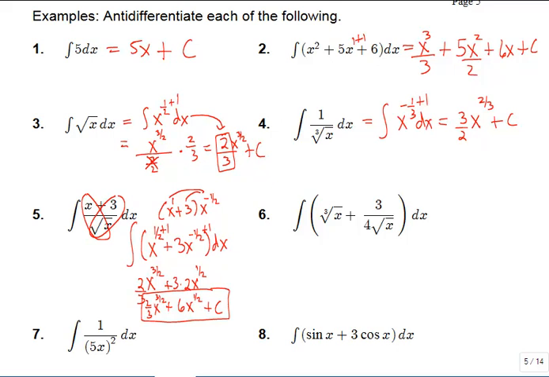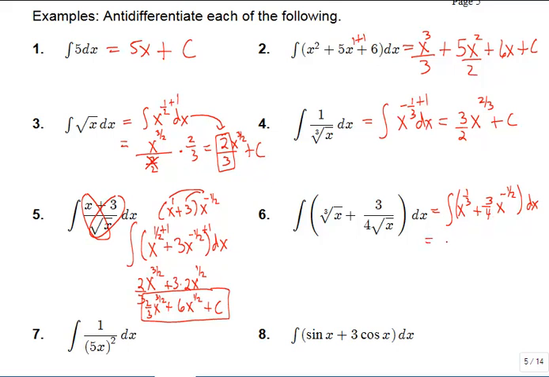So here I see radicals again. We're going to want to change them to their fractional powers. So cube root of x is x to the 1/3. Think of that 3 over 4 as just a 3/4 coefficient, and the square root of x is in the bottom, so when I move it up to the top, it becomes a negative 1/2 power. So now I have again two power rules being added together.